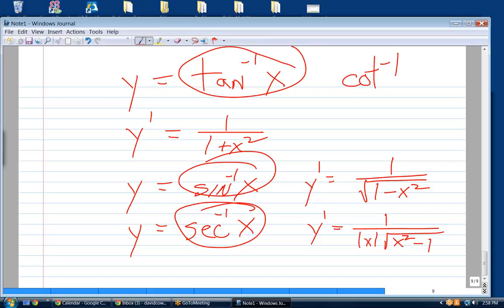In other words, the derivatives of the cofunction inverses are the negatives of this one. Cotangent would be minus 1 over 1 plus x squared. Cosine would be minus 1 over square root of 1 minus x squared. And cosecant would be minus 1 over that. So if you memorize these three, you always can figure out the other three.